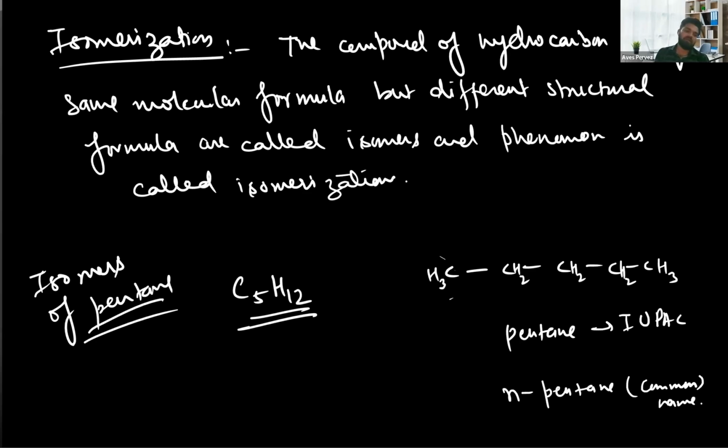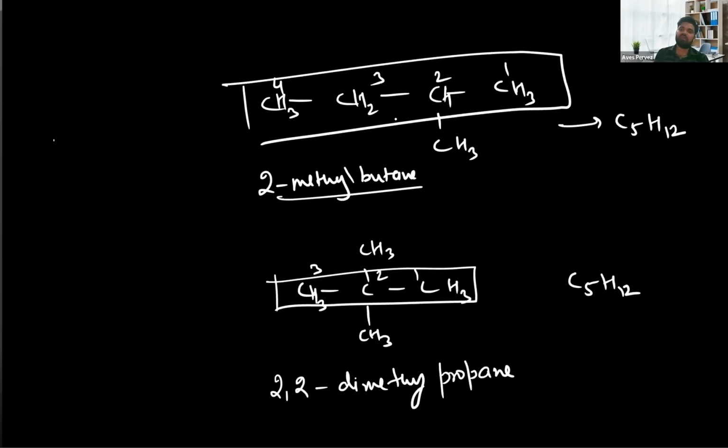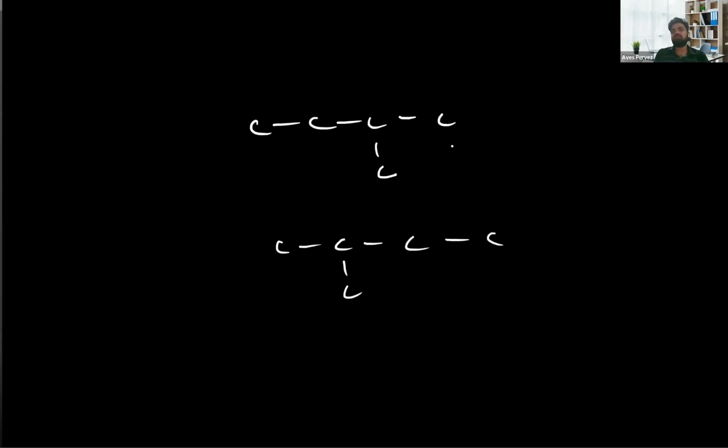Now moving to the next one, let me first explain this once more. If we have 5 carbons, out of 5 we have just freed one from here. If I put it here and here, it is not acceptable because we cannot put it at the termination. If I put it like this, and the next is if I put it like this, are these two different? No, because the names of both of them should be the same.